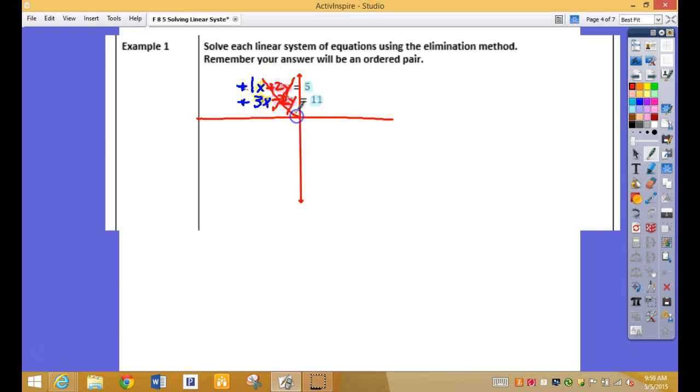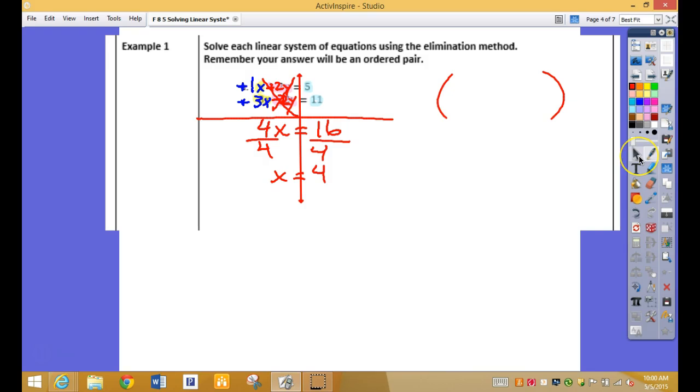Those cancel each other out, make 0. Well, then if I combine what's left over here? 4x equals 16. Now I can divide both sides by 4. X equals what? 4. So I'm done with the first part of my ordered pair.